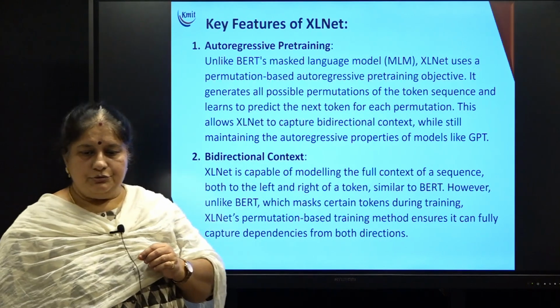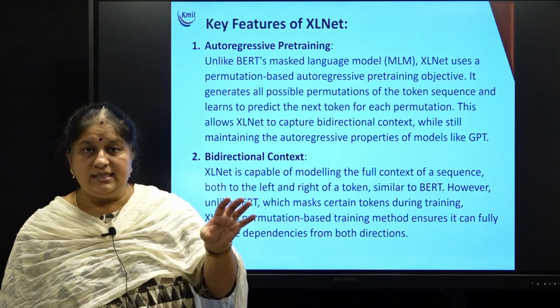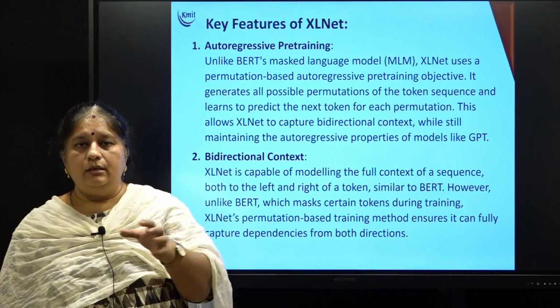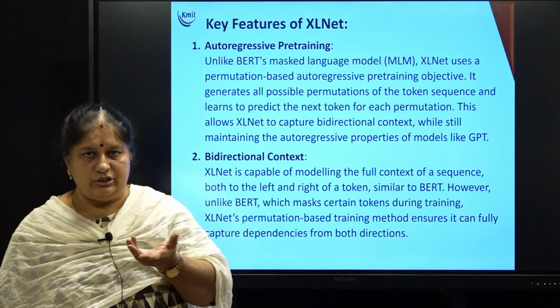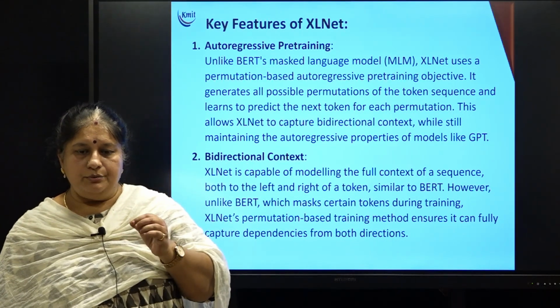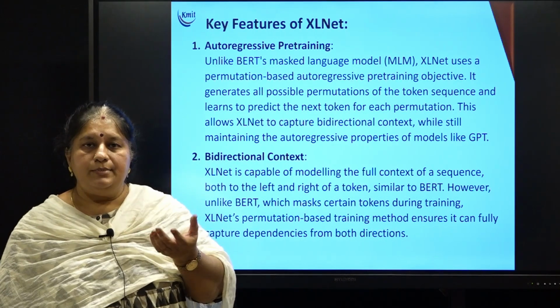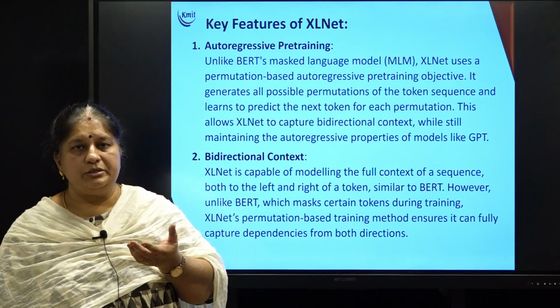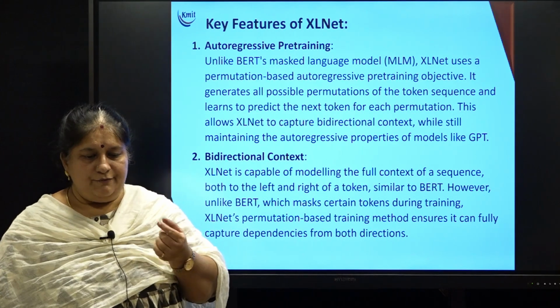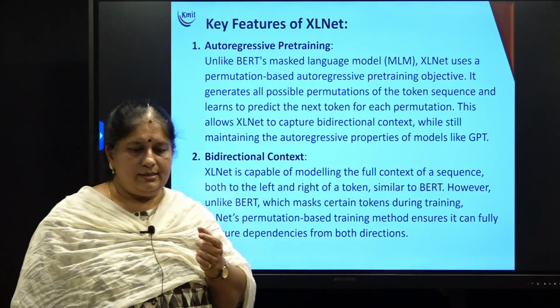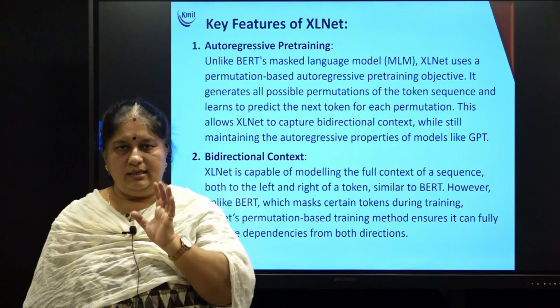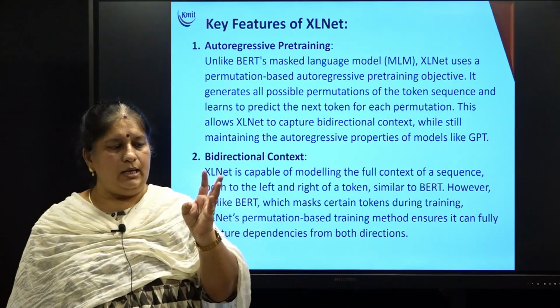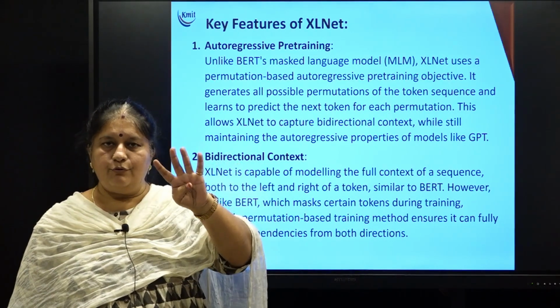Whenever it is trying to generate a sequence, a sentence, text generation, it will try to generate all possible permutations and combinations of the sequences. Say for example, I am trying to say the sentence, my name is SRIDEVI. There are 4 tokens.